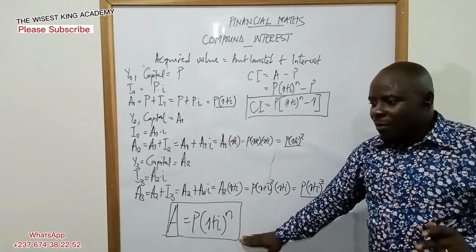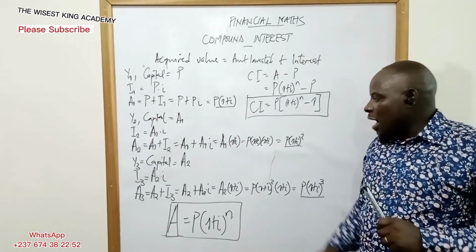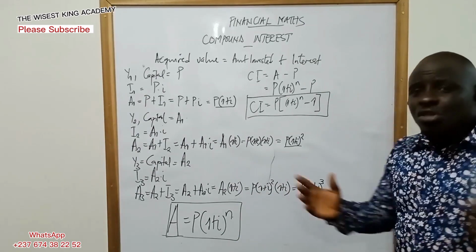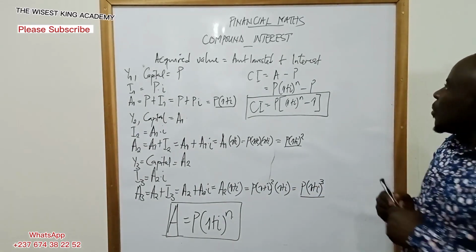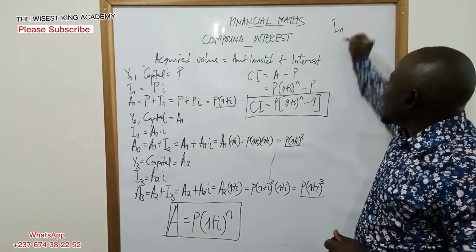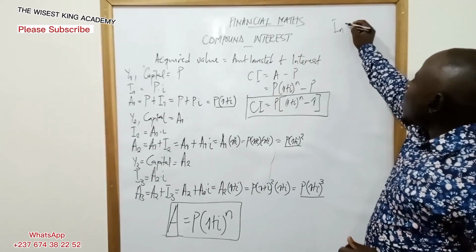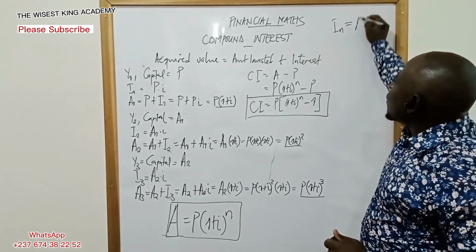Meanwhile, this is the formula for the acquired value. And let me use this opportunity again to say this. Remember, the compound interest for a particular period, let me put n, is equals to the capital of that period.